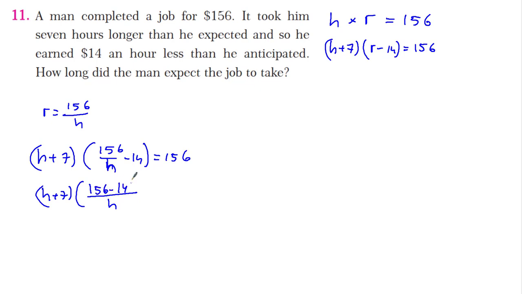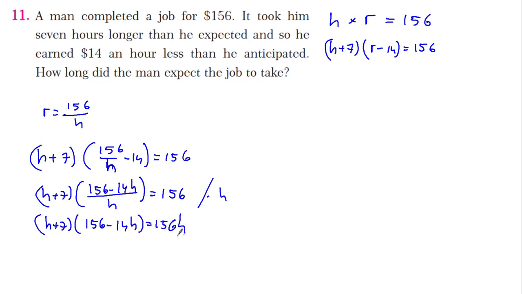156 minus 14h is equal to 156. If you want to get rid of the denominator, that's h, and you get h plus 7 times 156 minus 14h equals 156h.